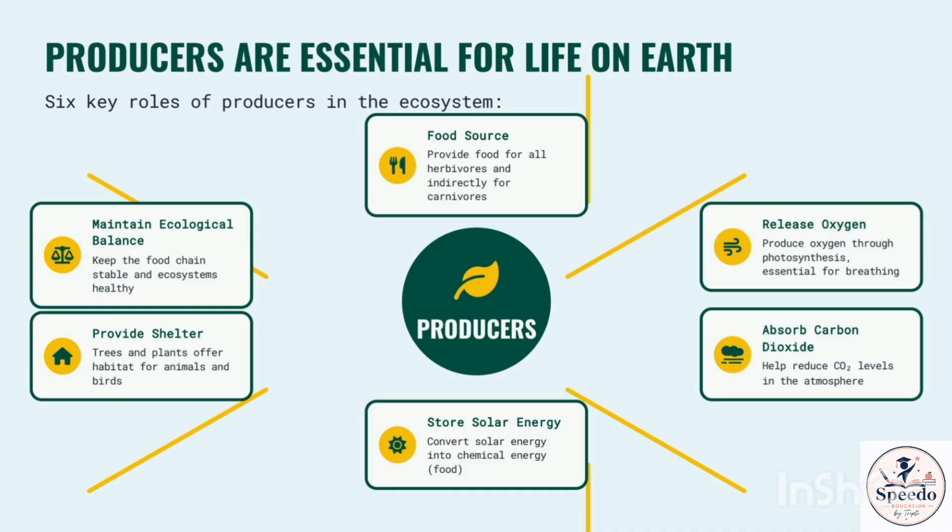During photosynthesis, plants also release oxygen into the atmosphere through the stomata. This oxygen is essential for the survival of most living organisms because it is used in the process of respiration. The simplified chemical equation for photosynthesis is carbon dioxide plus water plus sunlight plus chlorophyll, and on the right-hand side the result will be glucose plus oxygen.